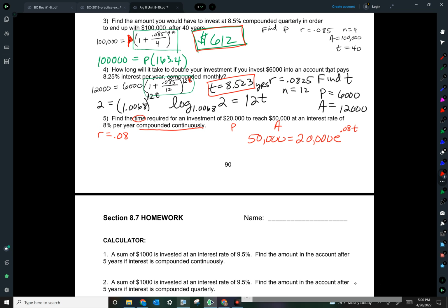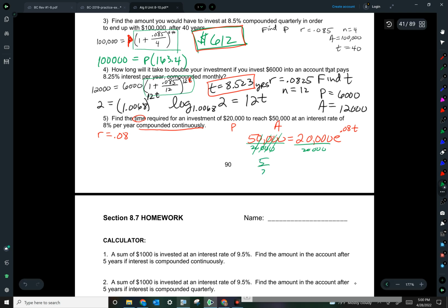Okay, so again, notice T's in the exponent. So the first thing I'm going to do is divide by 20,000. If I do 50,000 divided by 20,000, on the left side you see that all of these zeros just cancel out. You're just going to have 5 halves.